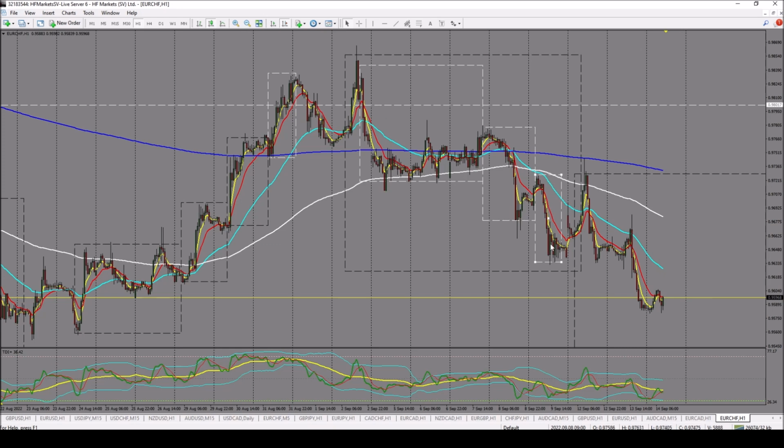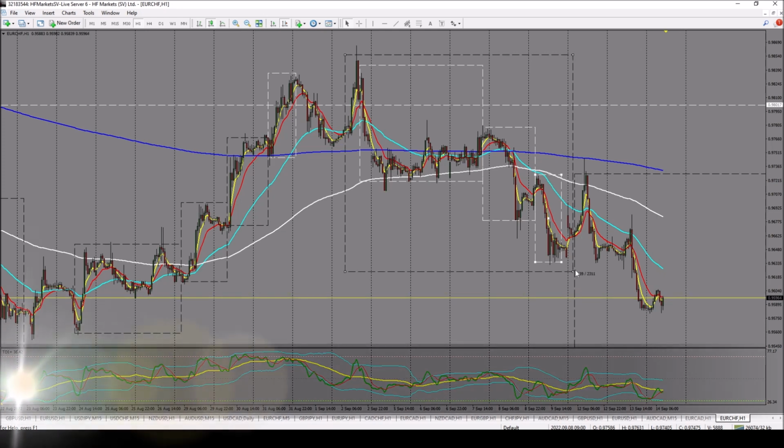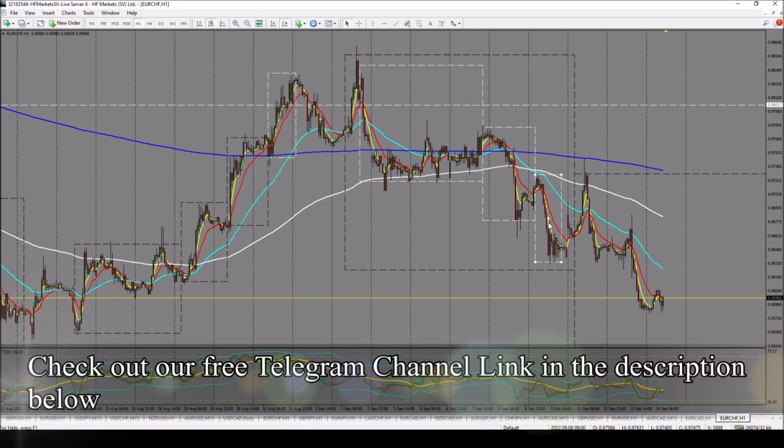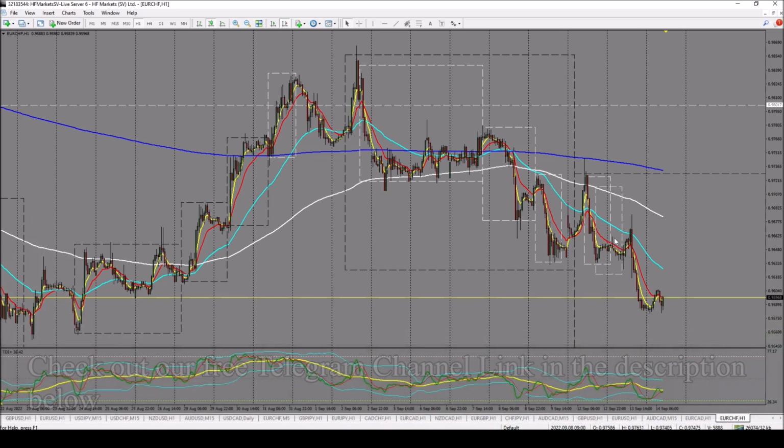There is 1, 2, and 3, and a reset was made, as we call it, a one-legged pattern. And from there, our second H4 level, this is what we are anticipating.